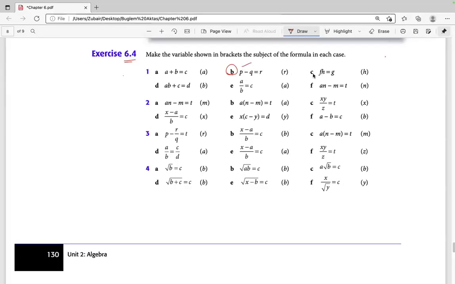And when we look at C part, we have to make H the subject. F is being multiplied. So it would be H equals G over F. And D part, making B the subject.